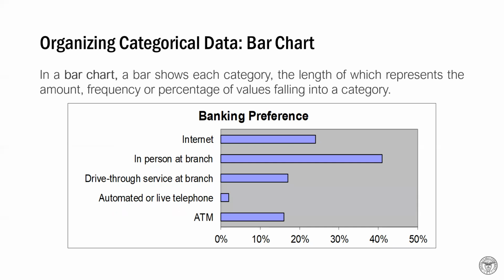However, unless we provide additional frequency information, such as 41 on the bar of in-person branch, directly on the bar chart, the audience might get a less accurate perception of the frequency information. To overcome the shortcoming, we may add the frequency information on the top of each bar on the bar chart.